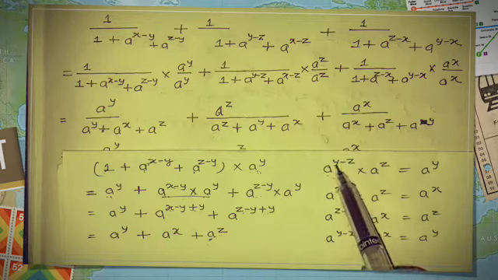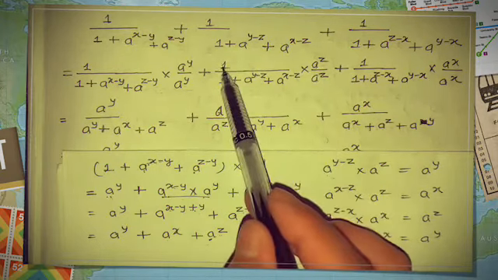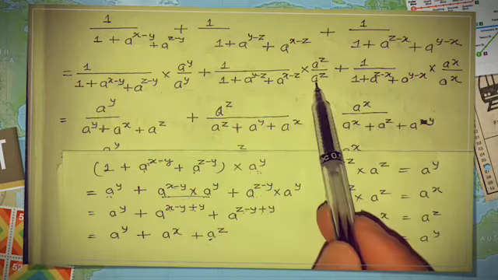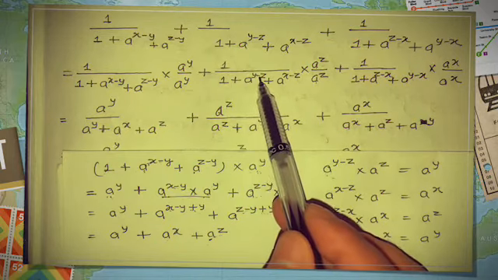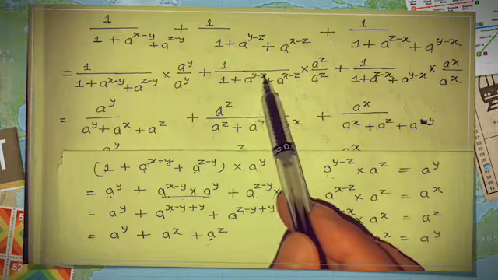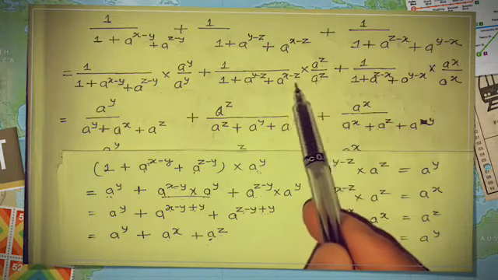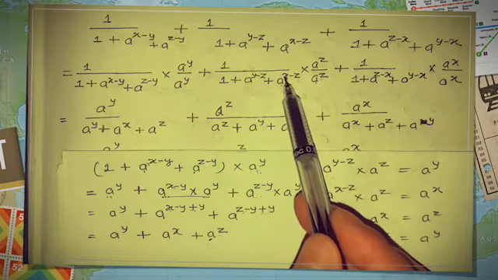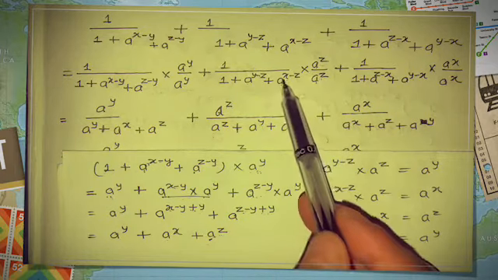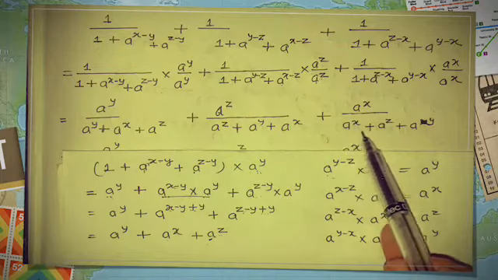Now a^z multiply 1, a^z multiply a^(y minus z), then only a^y is left, because this minus z and plus z cancel. And here also a^z multiply this a^(x minus z), then minus z plus z will be cancelled, so a^x only will be left. Okay, same thing is done here.